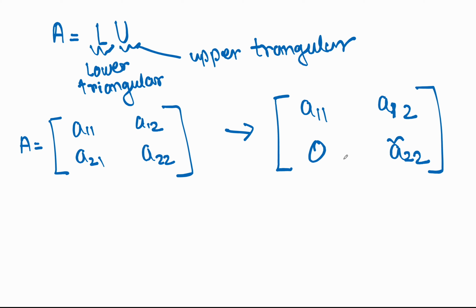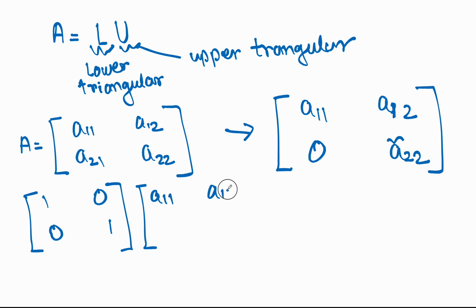So we'll try some combinations first and then find out the answer. Let's say we just multiply A with the identity matrix. What will happen? It will not change the matrix, and you will get the same thing.